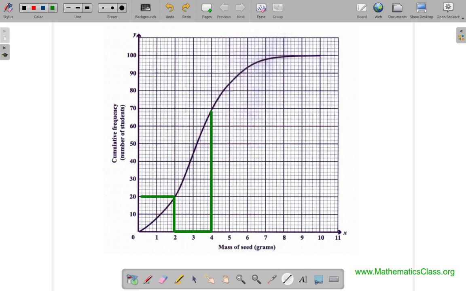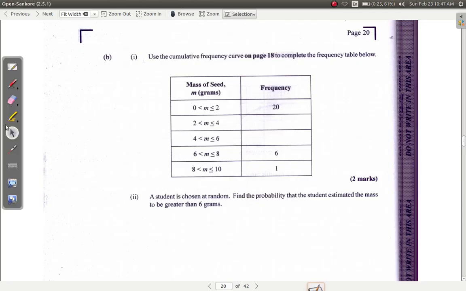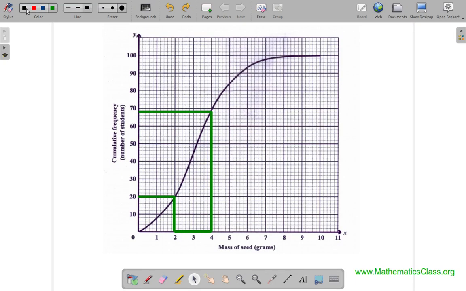Now let's go across. It looks like 68. So 68 minus 20. You're looking at about 48 for that.